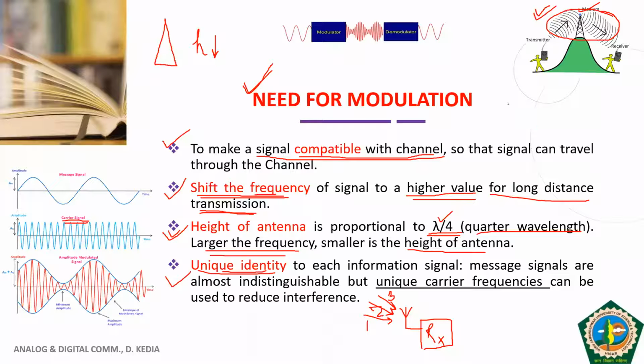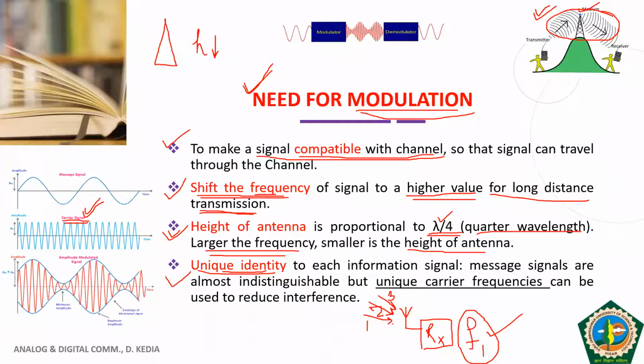And this unique identity is provided through modulation. How? I told you that in modulation we use a high frequency carrier. So every user will be assigned a unique carrier frequency. If there are 10 users, every user will be given a different carrier frequency, and the receiver knows which carrier frequency has been assigned to that particular user. So if this is the receiver for user number 1, he knows that his transmitter has transmitted at frequency F1.